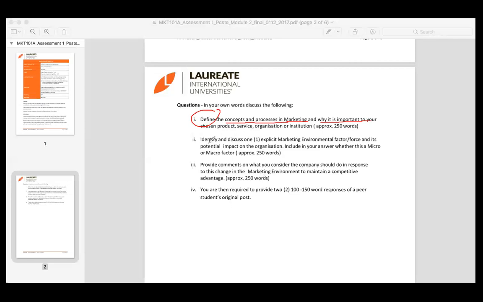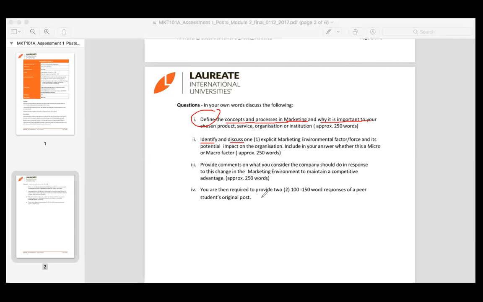The second question is to identify and discuss one explicit marketing environmental factor or force and its potential impact on the organization. So you need to explain one only. You only need to select one. You need to identify it and you need to discuss it.